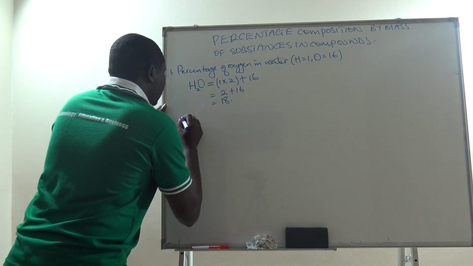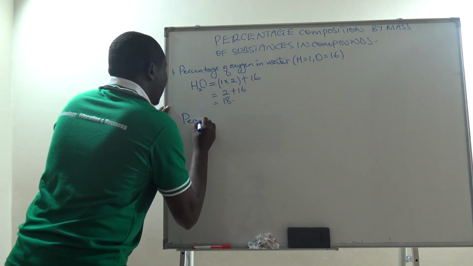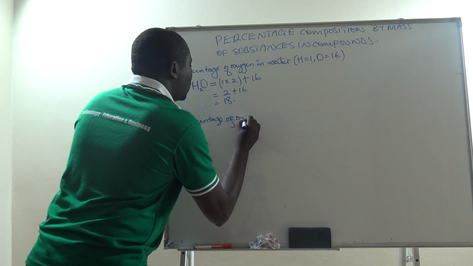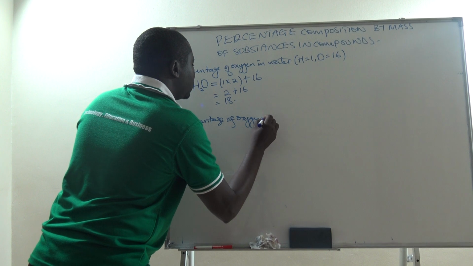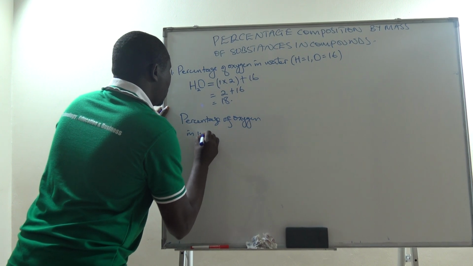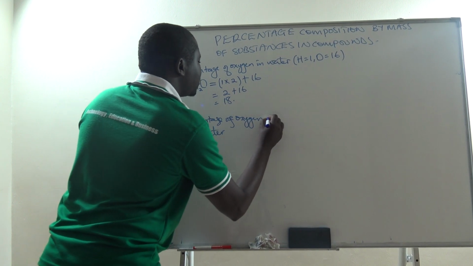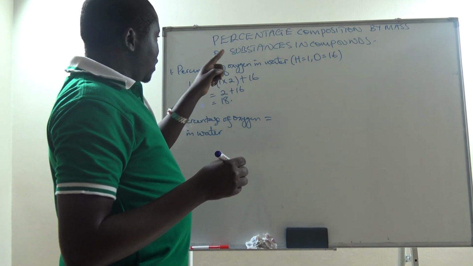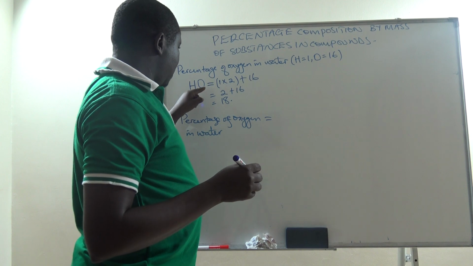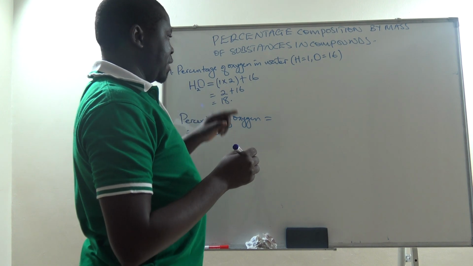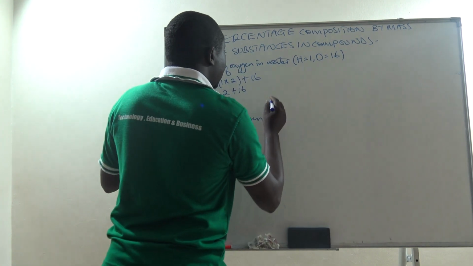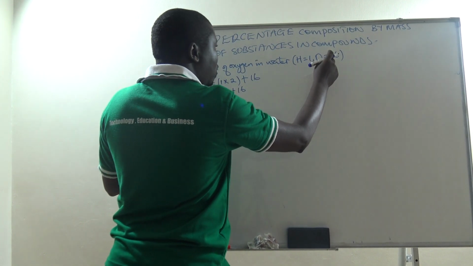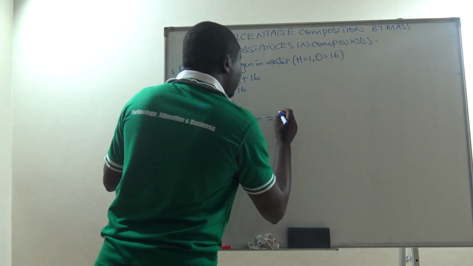Now, let's go now to the percentage of oxygen in water. We say that it is going to be the mass of that substance out of the total mass of 1 mole of that compound, and we multiply by 100. So oxygen is having 1 atom only in water, and oxygen, the relative atomic mass is 16.